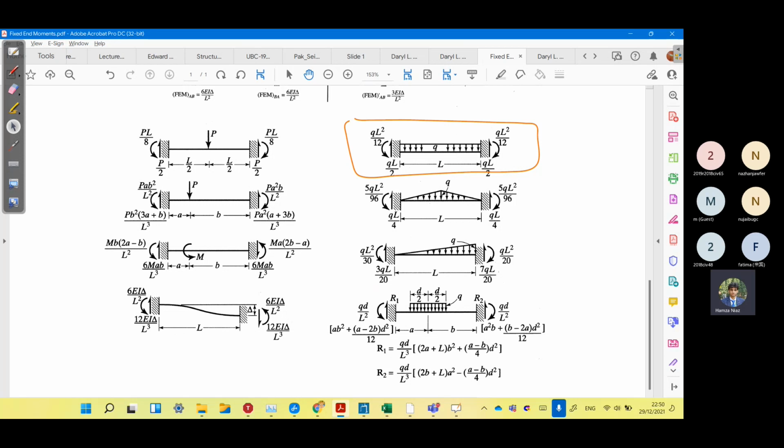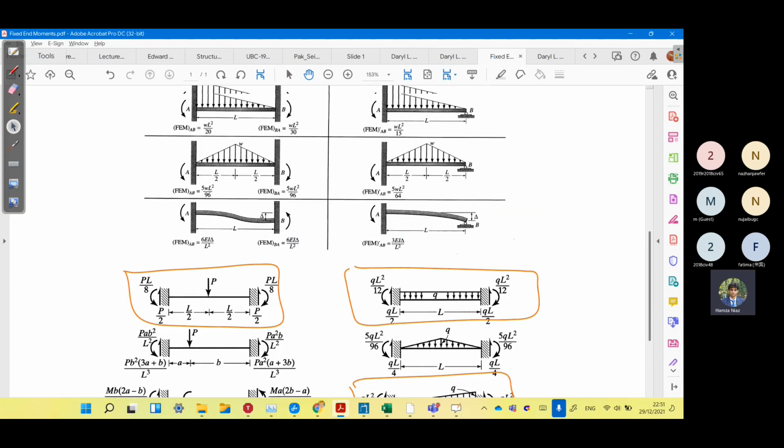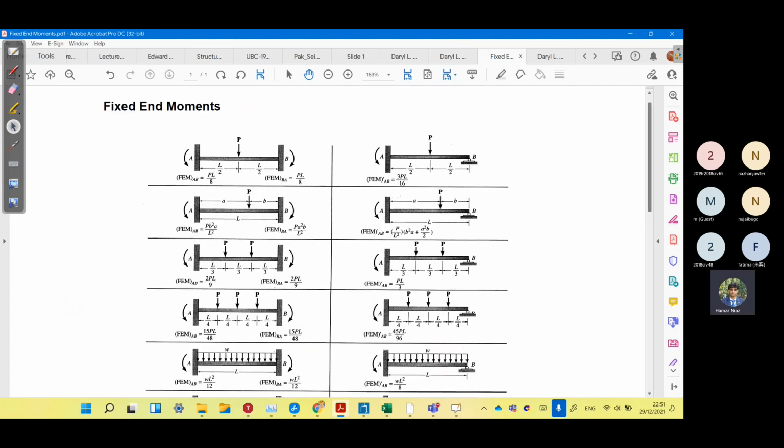We also have to memorize this one for the simple UDL case, the simple VDL case, and for 1 and 2 point loads. Sir was saying that we have to memorize for point loads acting at midspan, acting at 2/3. So there are 1 point load and 2 point loads, and full UDL and full VDL. This, and this, and for 2 point loads, this one.